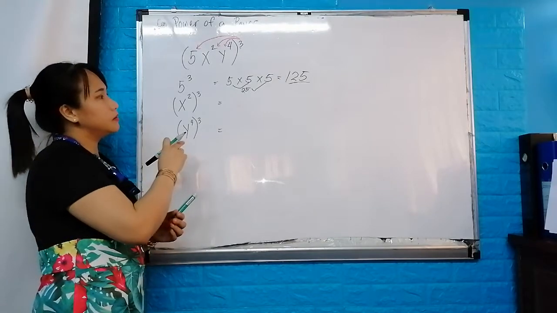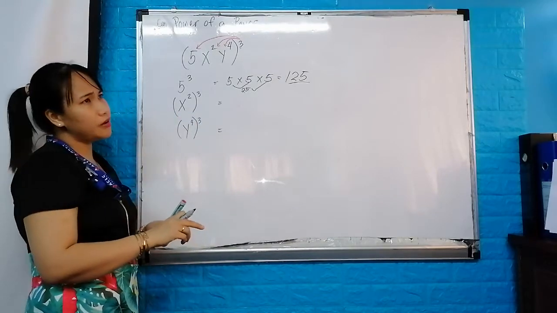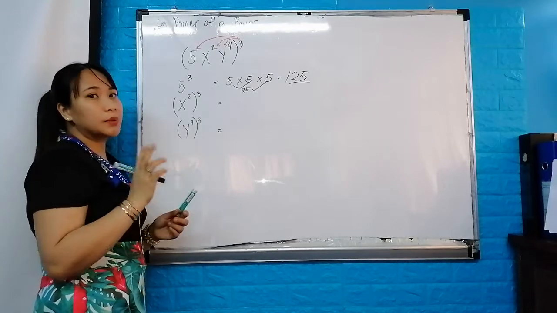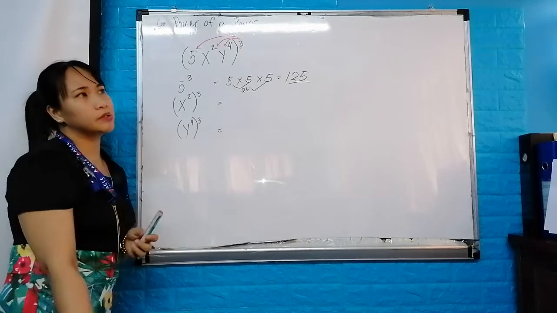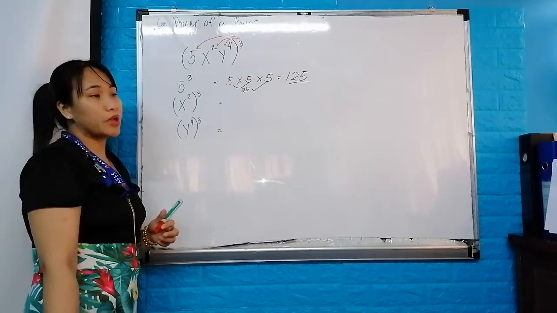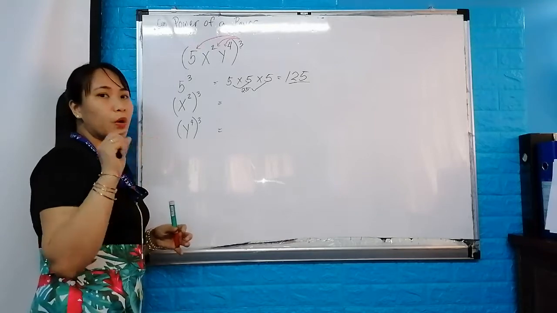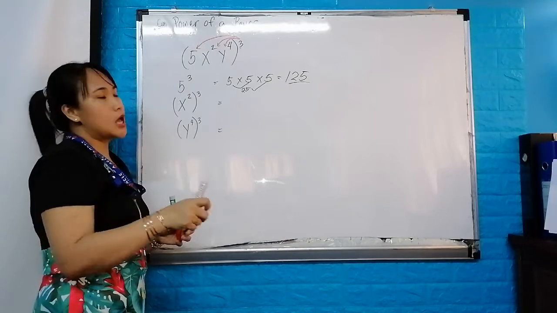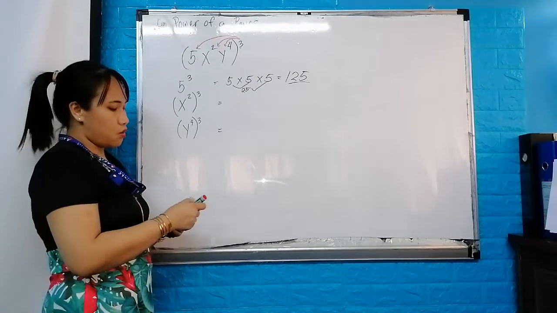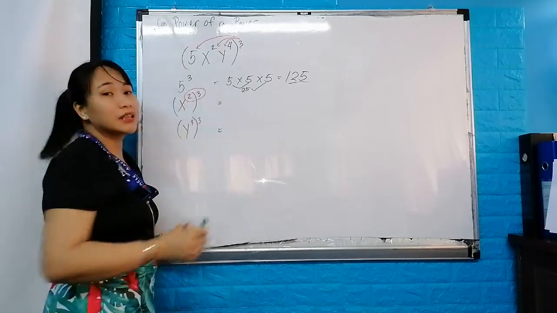Do you still remember when we were multiplying the polynomials or the monomials? We just add the degrees. But if we're talking about the power of a power, all we need to do is multiply the degrees.